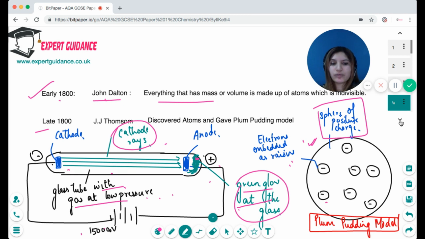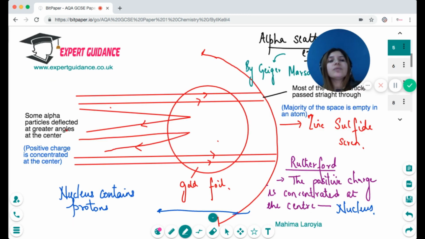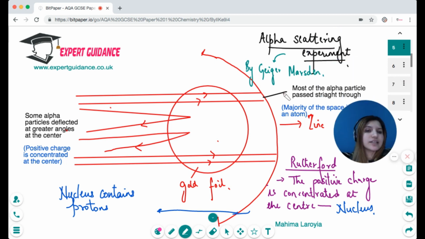Now, at that time, there were other scientists called Geiger and Marsden, who were doing the alpha scattering experiment. What they did was, they took a gold foil, and on that gold foil, they bombarded alpha particles.